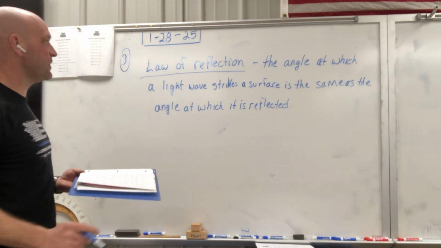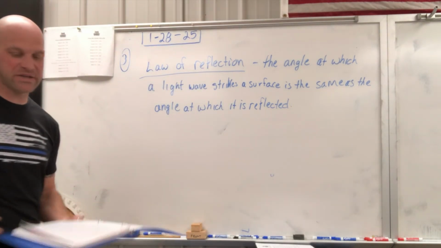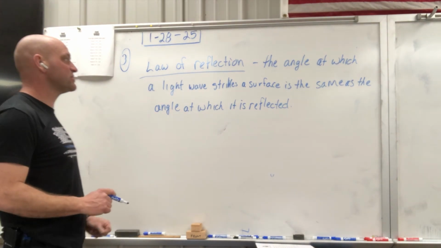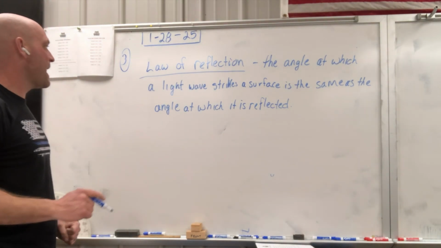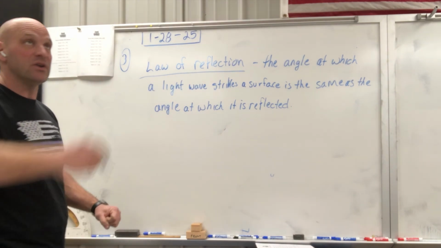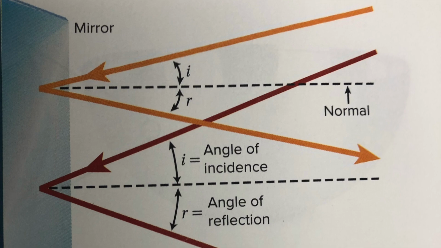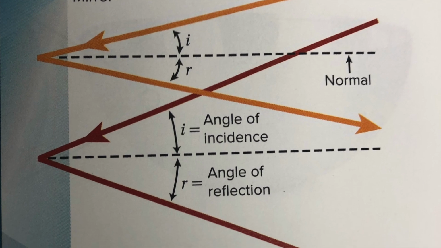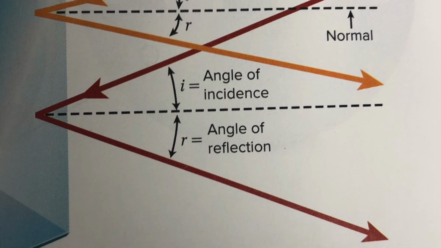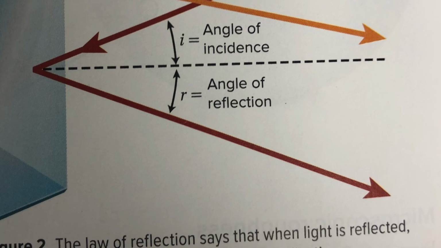The law of reflection states that the angle at which a light wave strikes a surface is the same angle at which it is reflected. So if I have a light wave coming down from the overhead light hitting at this angle, it's going to bounce off at the same angle downward.